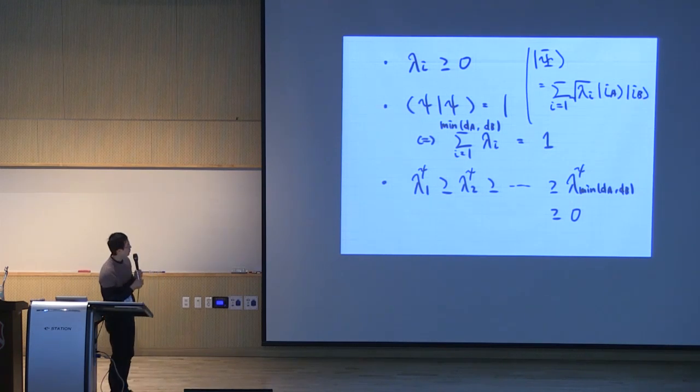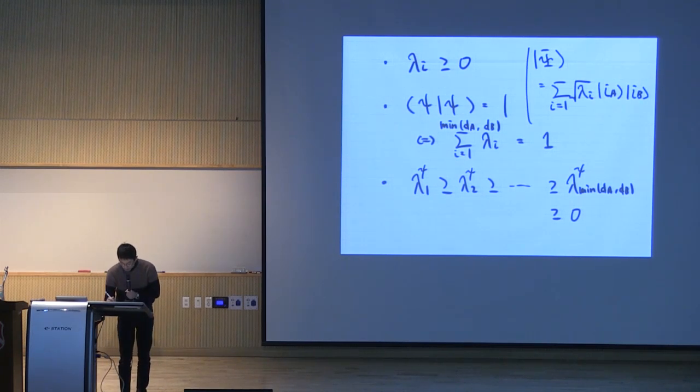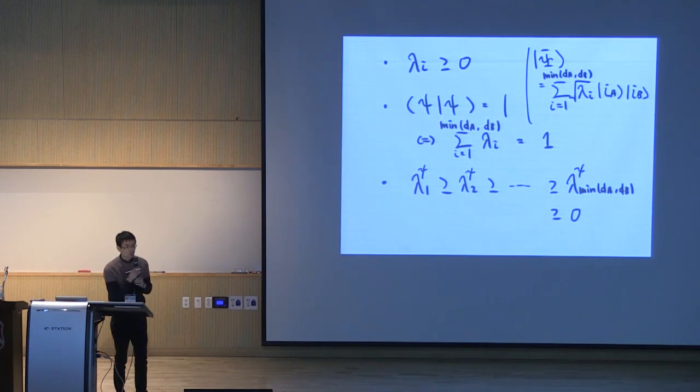So this is a Schmidt decomposition. And i runs from 1 to the minimum of the dimension of A and the dimension of B. So this is the Schmidt decomposition.